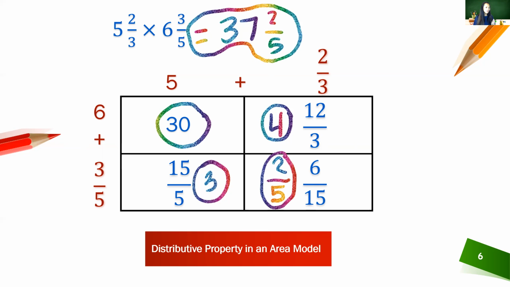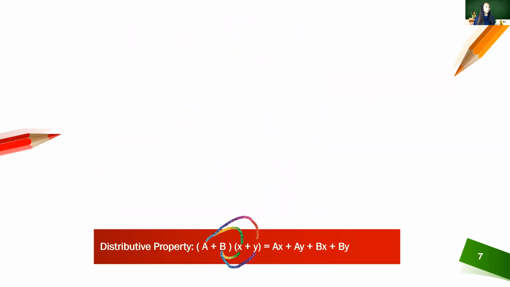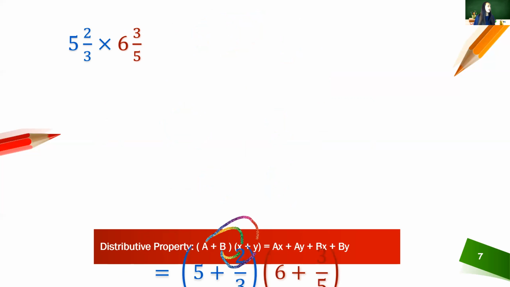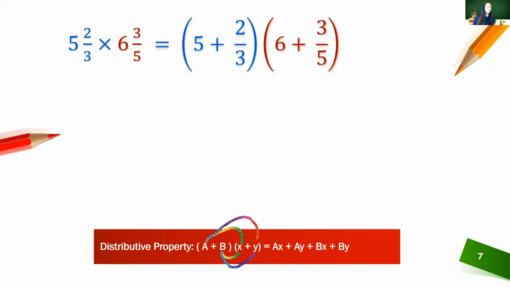Okay, now if you didn't like the area model so much, you can just write it out using the distributive property, just like how we started this video. For example, the same question now, but we're going to write it out as 5 plus 2/3 multiplied by 6 plus 3/5, right?